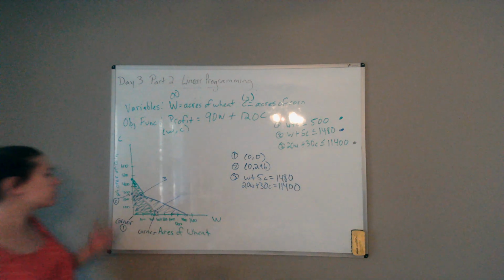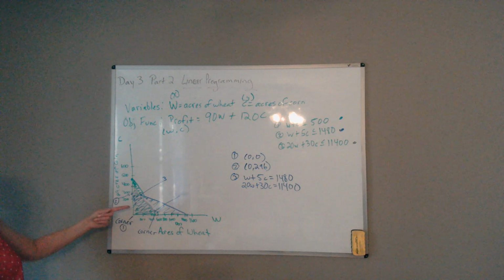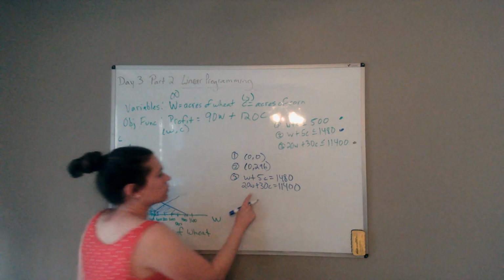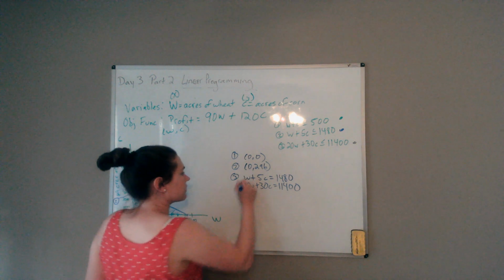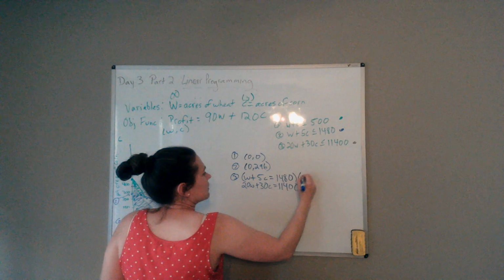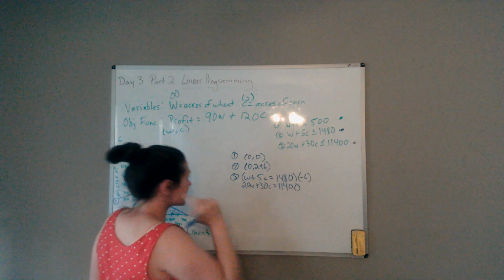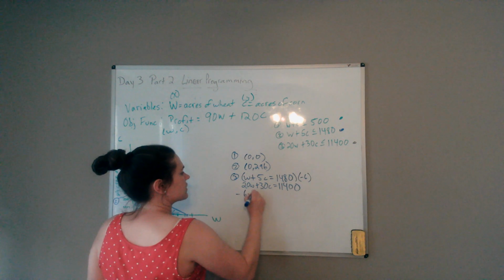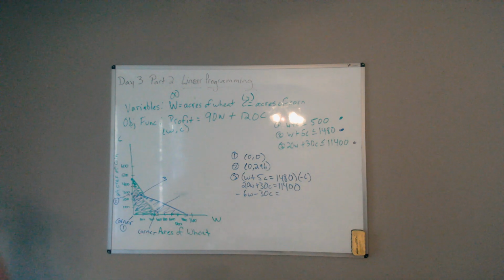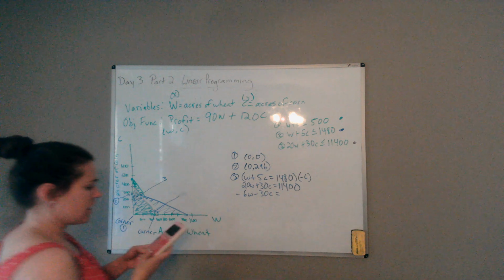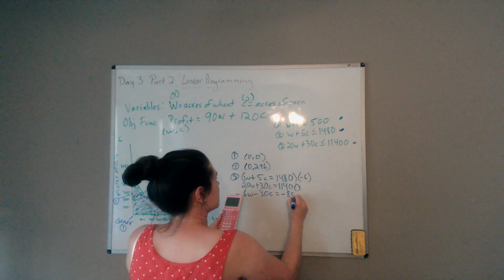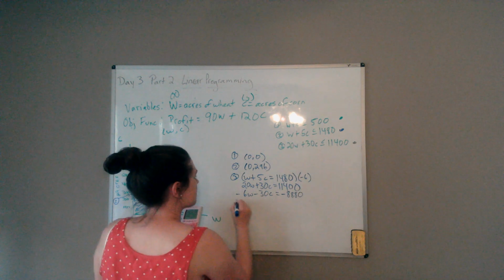And so what we have to do right now is solve this system. So we have to do a little bit of substitution elimination. I'm going to multiply this equation by -6, and I'm going to get rid of C. So that's going to give me -6W minus 30C equals 1480 times 6, which is -8,880.